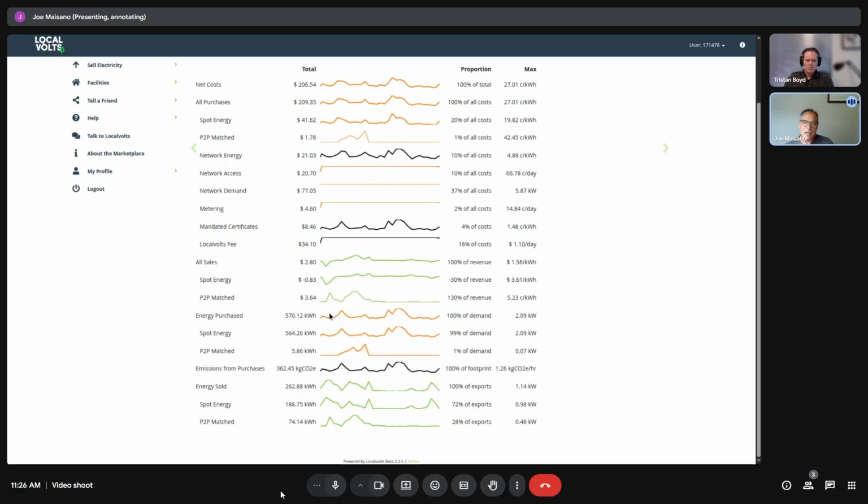And that's an example of how you can use peer-to-peer to get around some of the market dynamics like negative prices. If you have a solar system without the ability to curtail your export at times of negative prices, you can seek to sell as much of that as possible in the peer-to-peer market and make a small amount on it rather than paying to export.